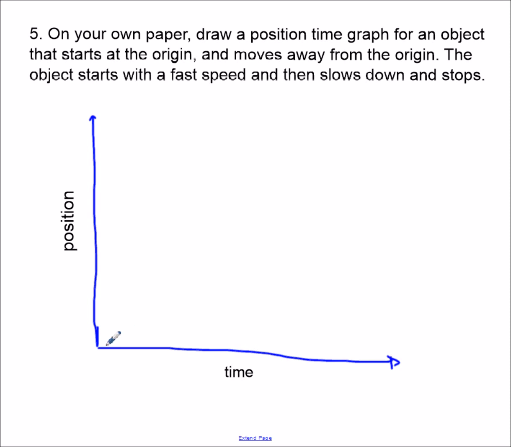If the object starts at the origin, then I know it's going to start right here. And because it moves away from the origin, it's going to move off in this direction. The fact that it starts with a fast speed and then slows down and stops means that it's going to start off with a steep slope, and that slope is gradually going to decrease until it comes to zero. I'm trying to show something that would be fairly uniform because in physics that's what we study.